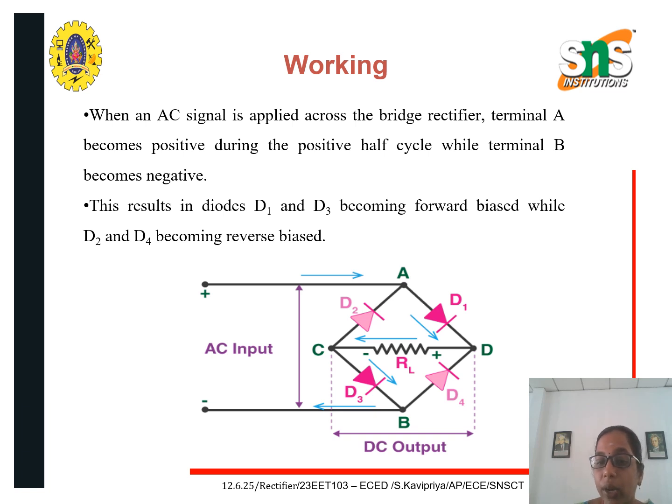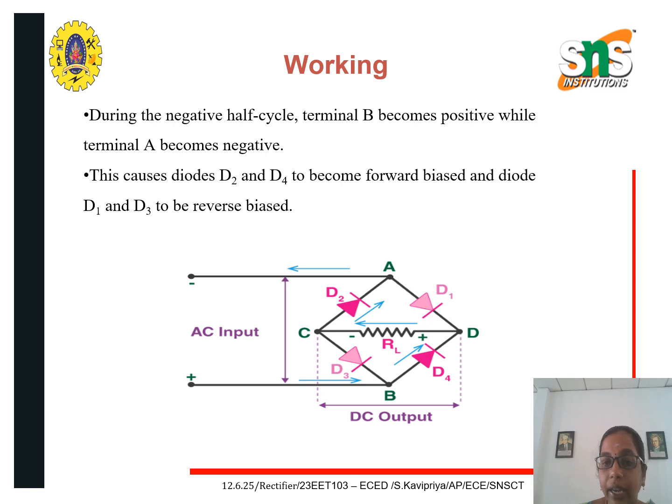Because of that, diodes D1 and D3 will be conducting, and the positive half of the AC input signal will be rectified into DC. During the negative half of the input cycle, A becomes negative and B becomes positive. Hence, diodes D2 and D4 will become forward biased, and D1 and D3 will become reverse biased. So D2 and D4 will be conducting, and the negative half cycle is rectified to DC.